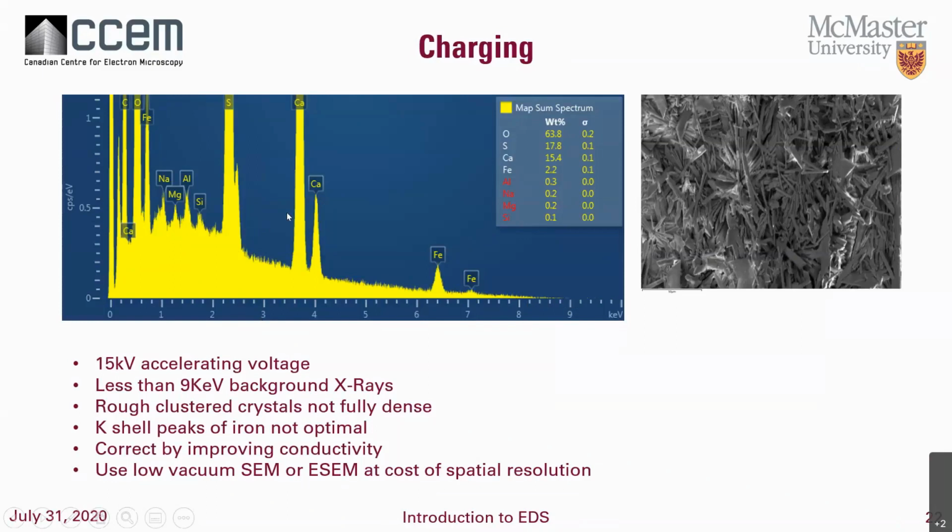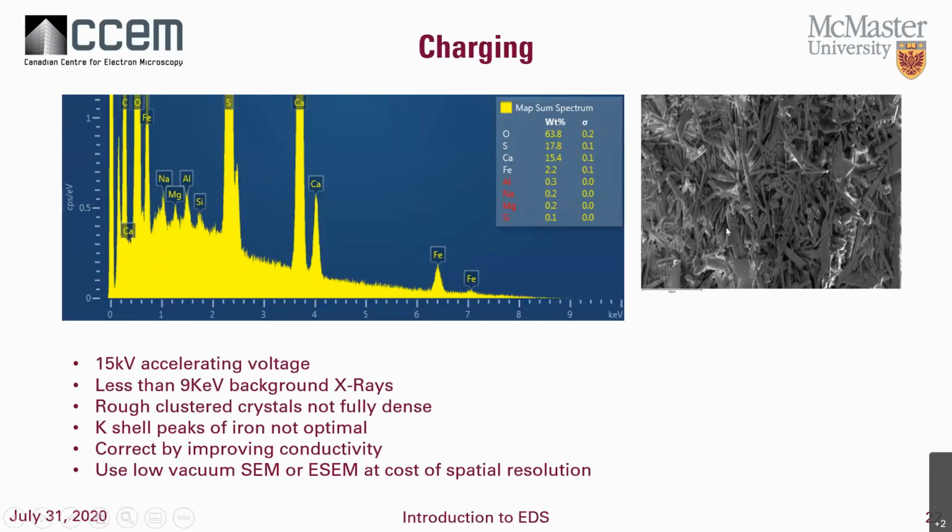So we have actually decelerated the beam due to charging, and that is having an effect on what we're looking at. So we maybe have a 9 to 10 kV beam actually hitting the sample and producing X-rays. That means that these peaks that we're looking at for iron are not optimal, so we may be getting an incorrect number for iron.